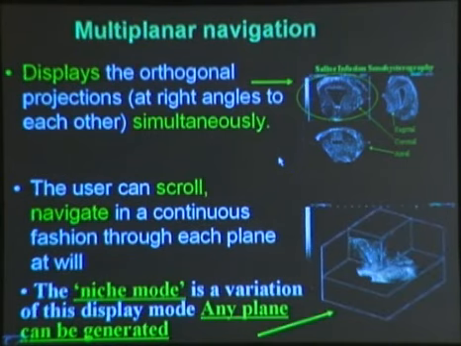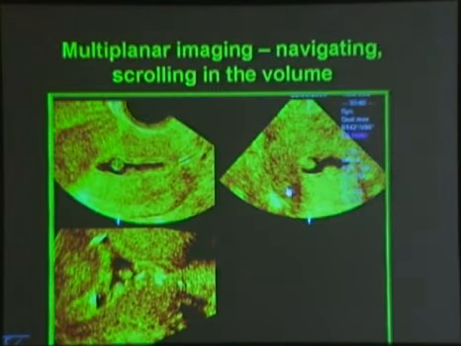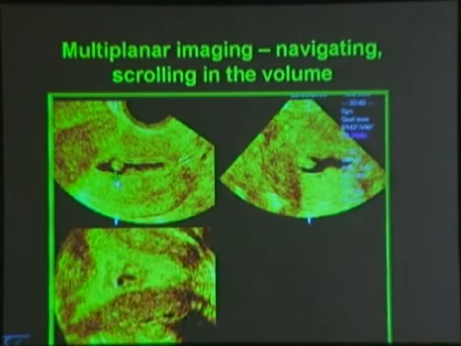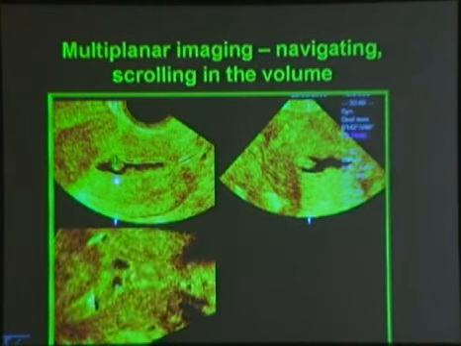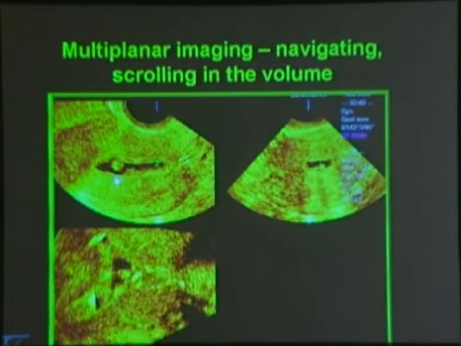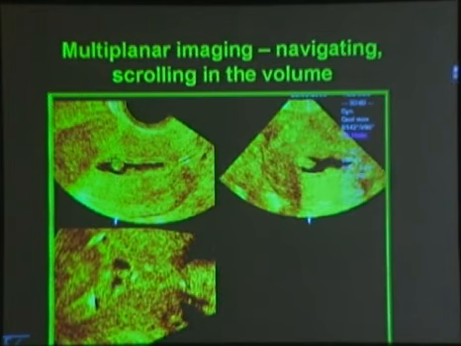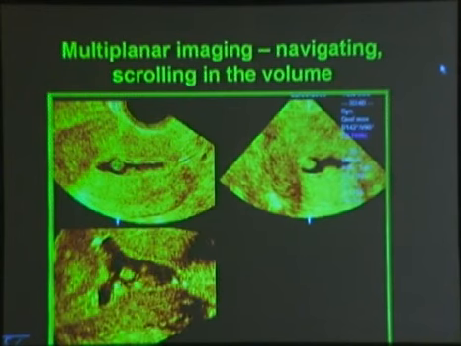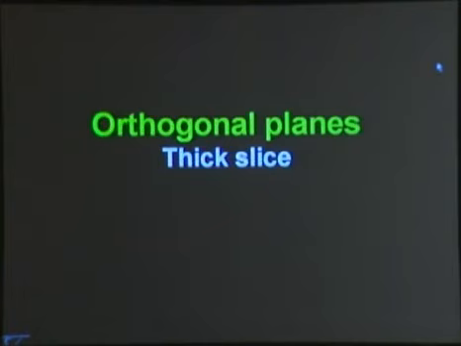We also can do this niche mode and go back and forth with every plane, up and down, right to left, and so forth. Then, of course, to use the marker dot, which I'm moving right here in order to see a saline infusion sonohysterography and point out the different polyps in order to help the practicing obstetrician gynecologists to go right to the place when they do their hysteroscopic resections.